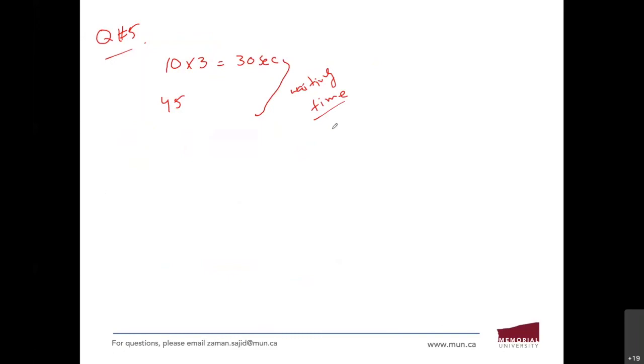Now don't ask me whether you should subtract or add them. This question is related to the Poisson distribution, and from the statement you have the lambda.